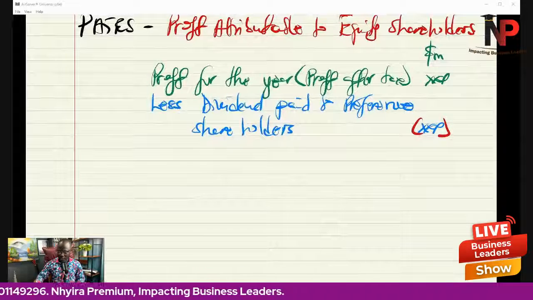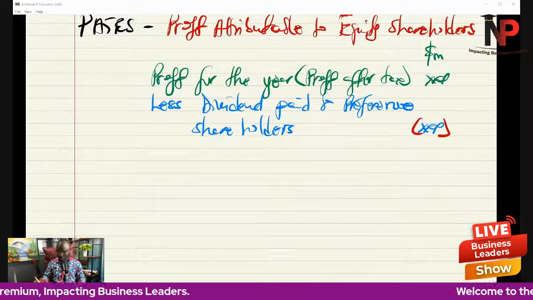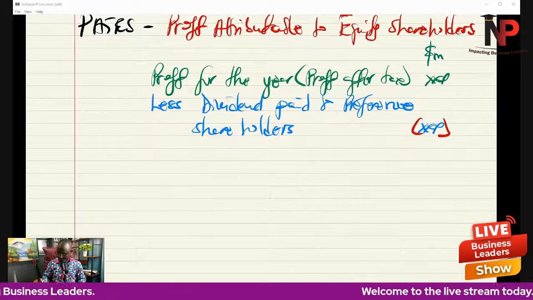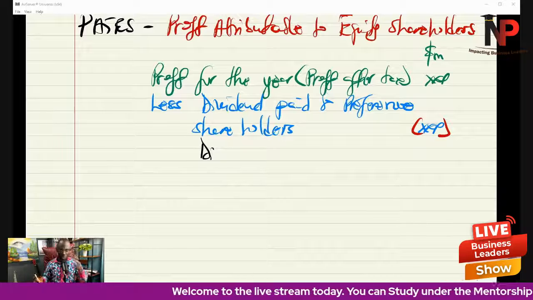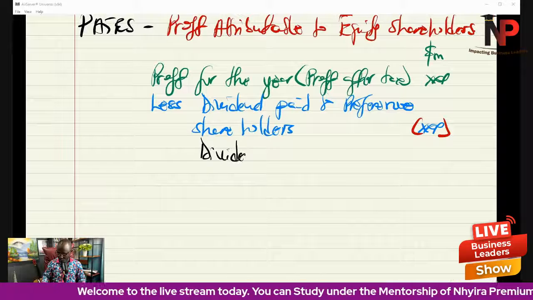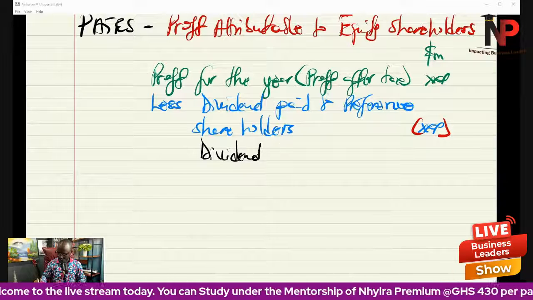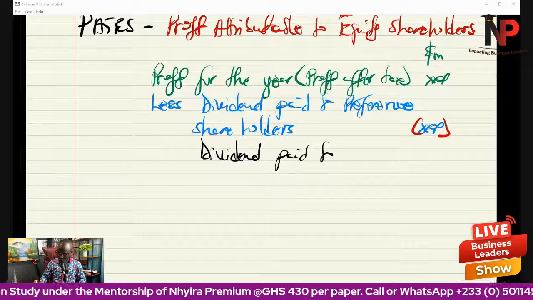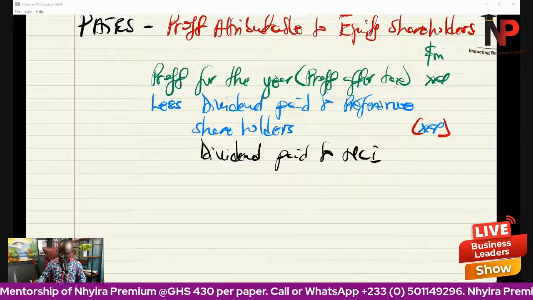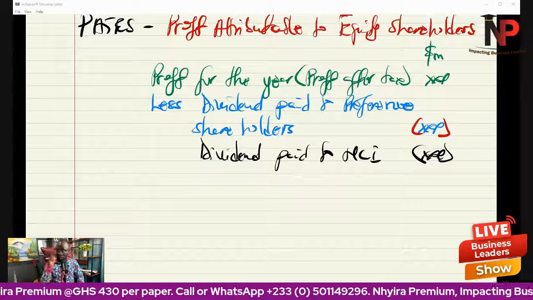Not only that, if we are in a group perspective, then dividend paid to minority, or what we call non-controlling interest, would be deducted. So dividend paid to non-controlling interest. NCI is non-controlling interest.